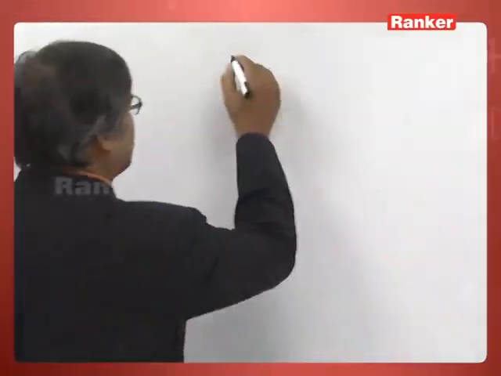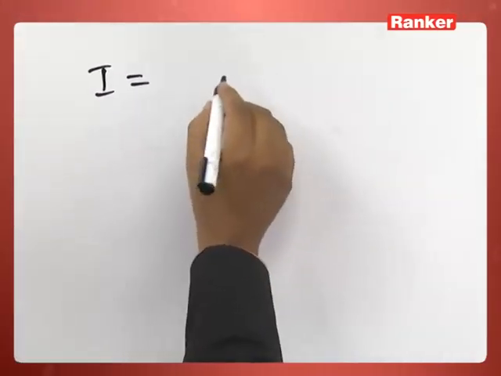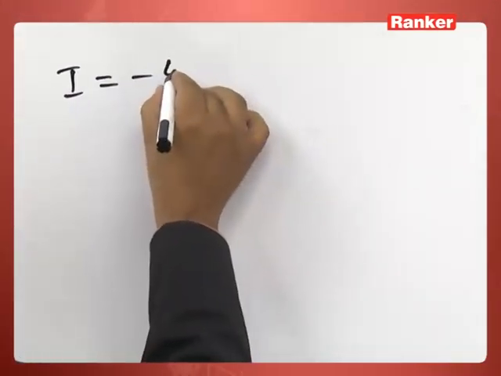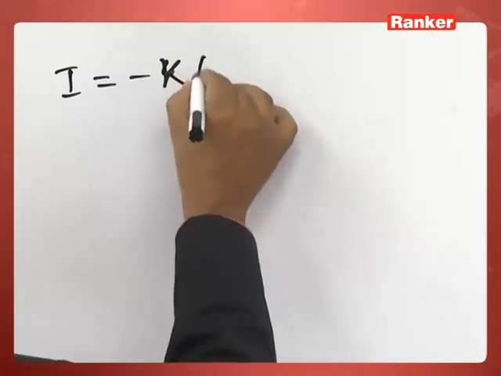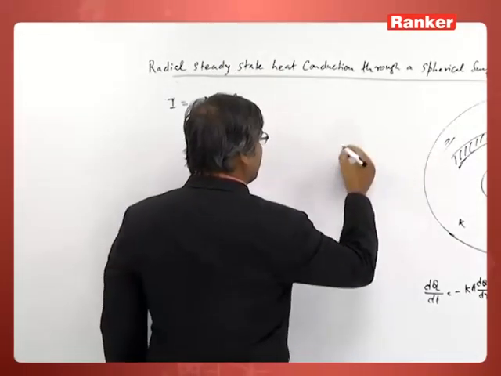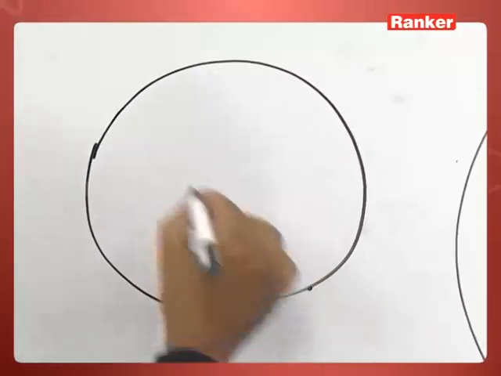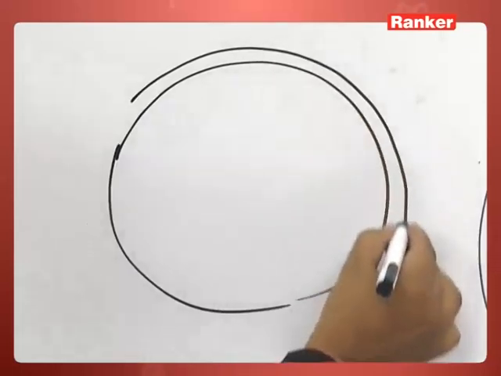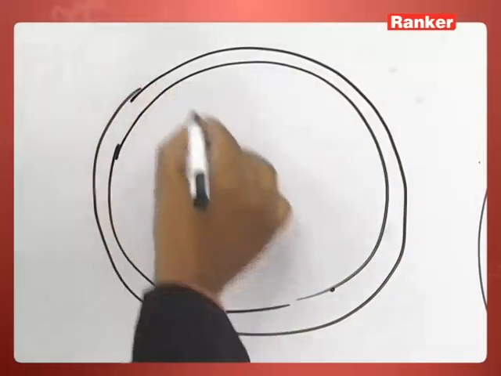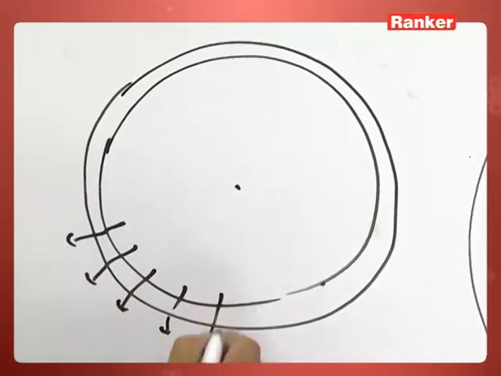Now let us use this formula to derive the expression for the heat current. You see, heat current I can be written as minus k, area is 4 pi r square. This is our element. The heat current flows along this.